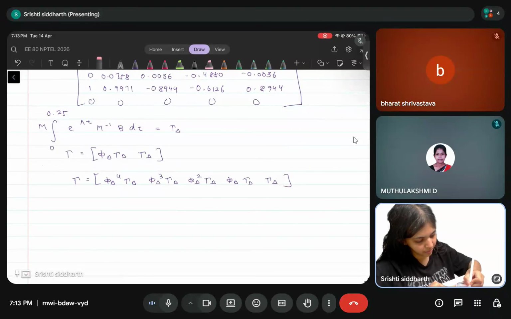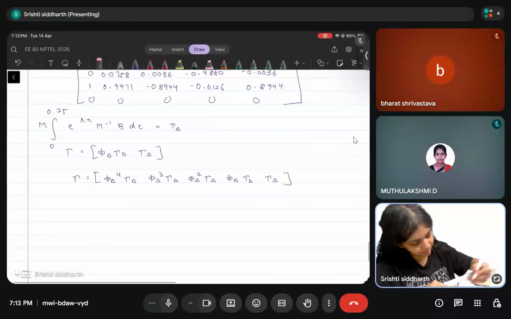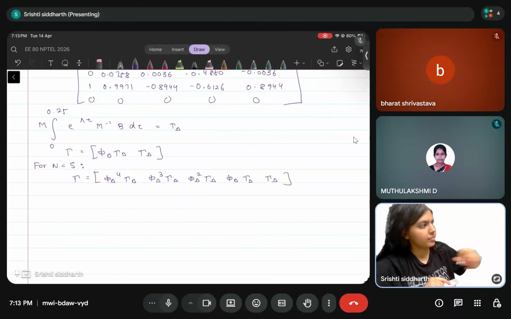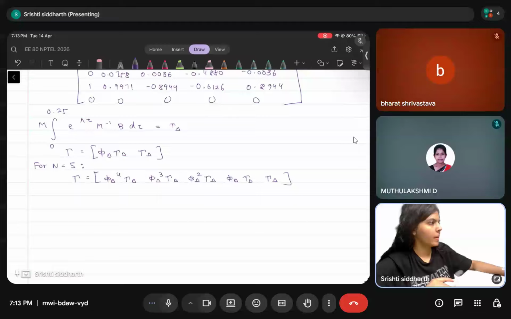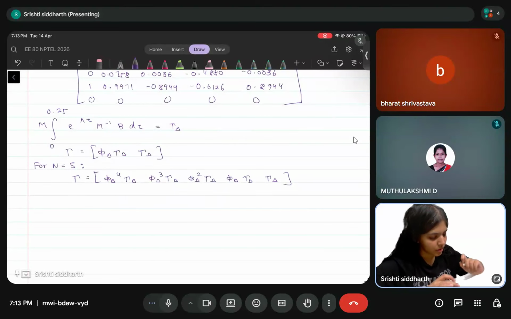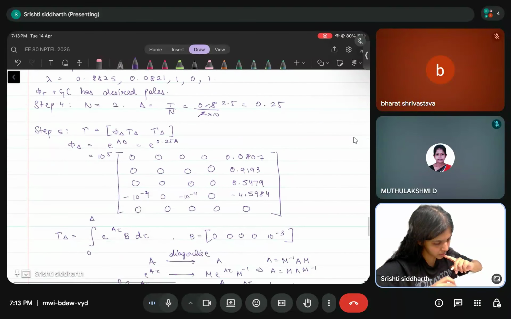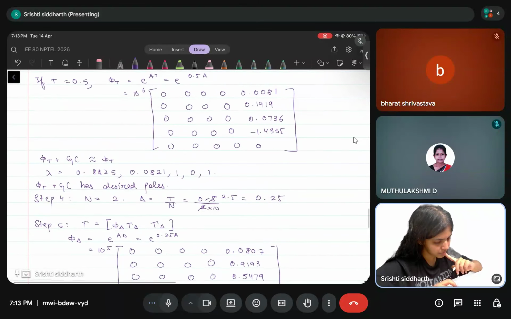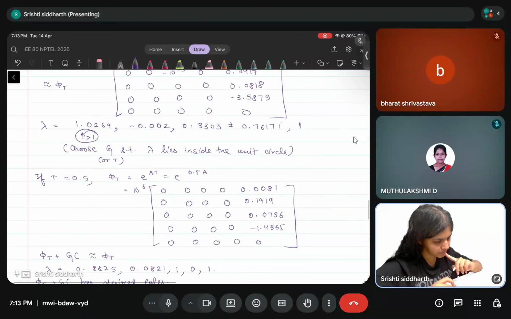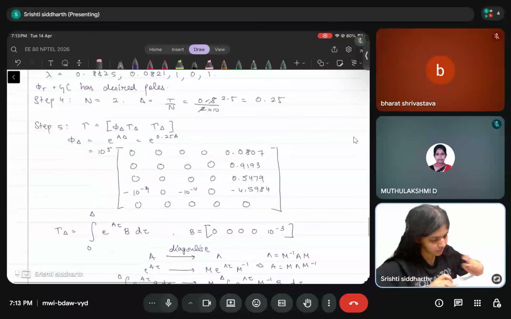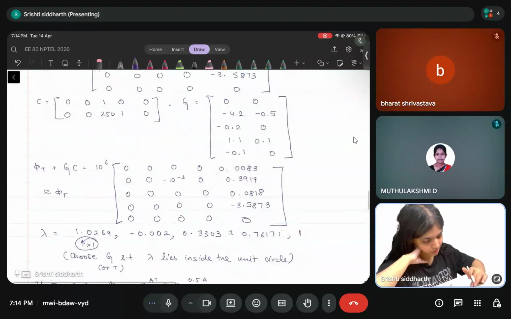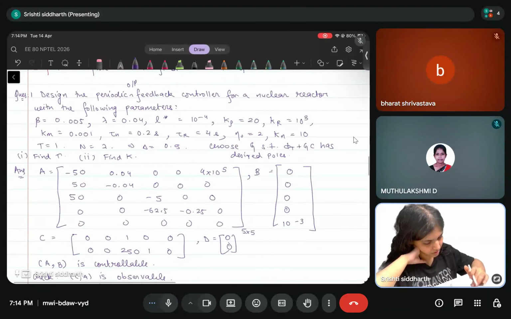This is for n equals 5. Let me check if this is correct. This is correct.